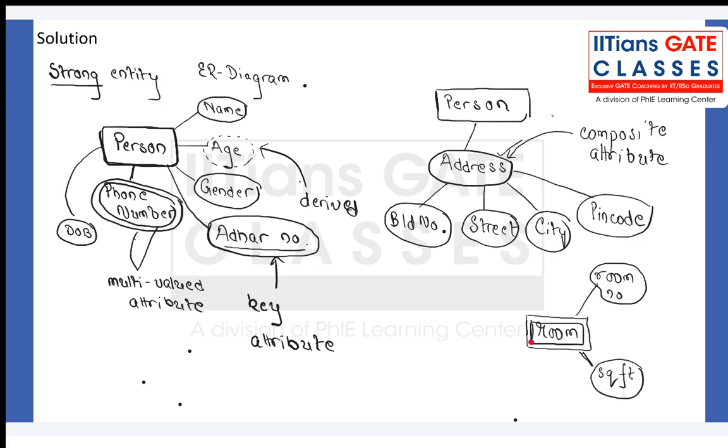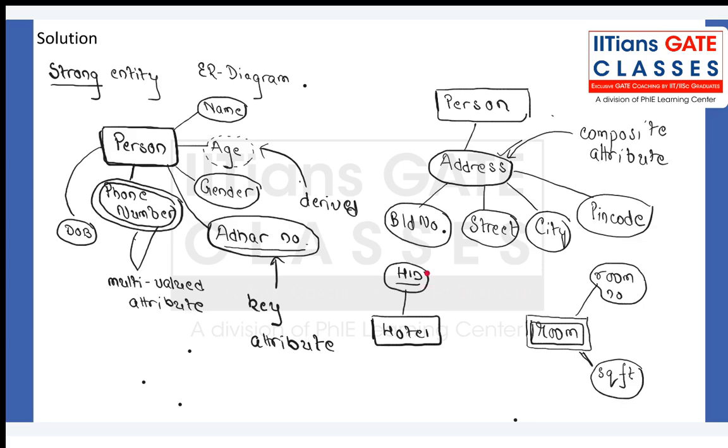It does not have its own key attribute that can uniquely identify it. But somehow, let's say I have a hotel, and this hotel has something called hotel ID, and this hotel ID is actually unique. You can uniquely identify each hotel in your city or anywhere by the hotel ID.